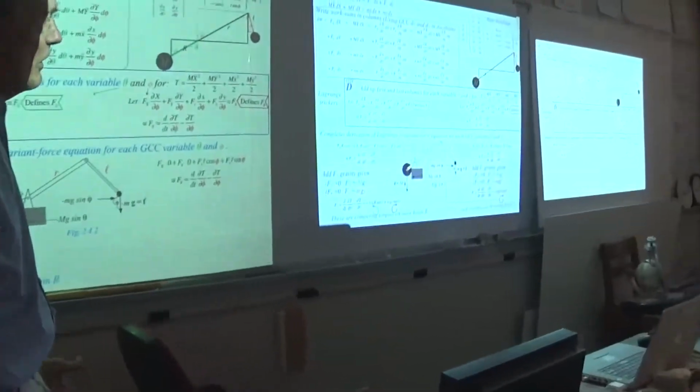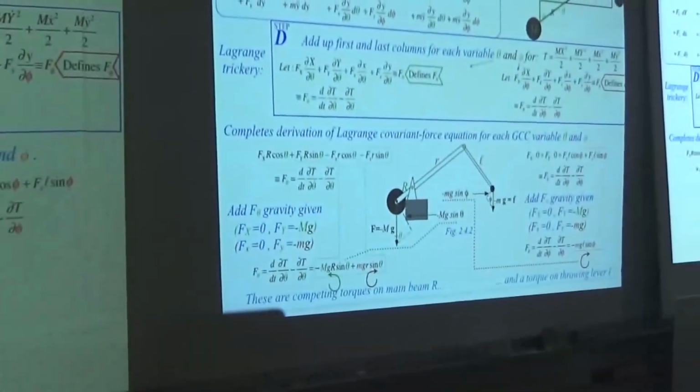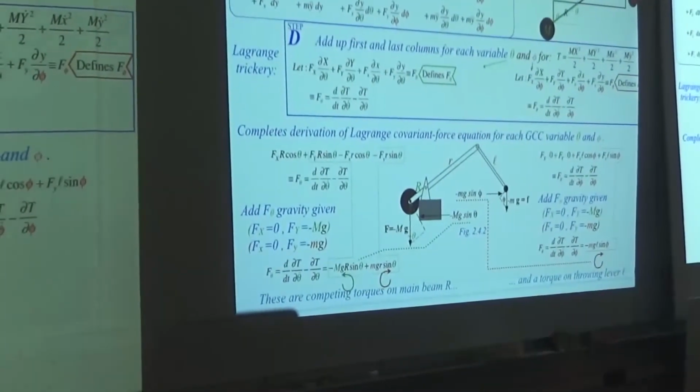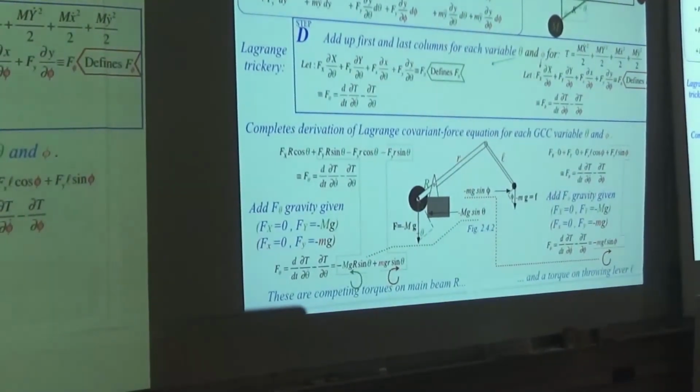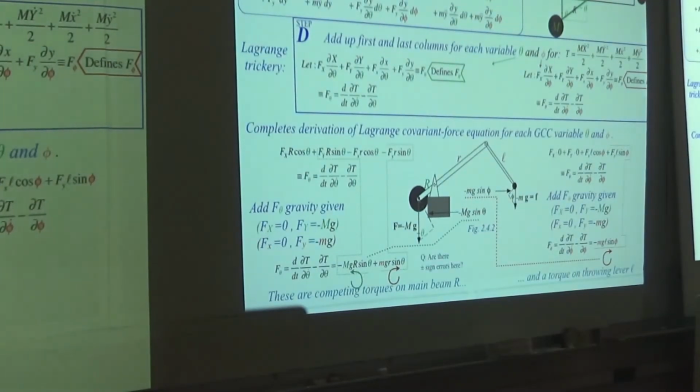You have competing signs and things here. Torque for the throwing lever is pretty obvious, but for those two, we have one thing that's defined with a minus sign, another thing with a plus sign. Is that correct? Are there plus and minus sign errors here? You see, that's the thing that can throw you. One sign in this business and you're out of business.